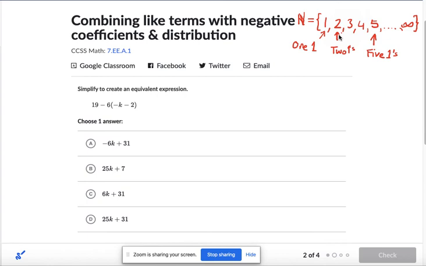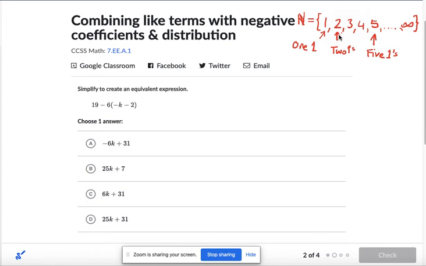So the second part of this is that in pre-algebra and algebra, we have another type of number that we call a variable. The reason we call it a variable is because it varies, based on what the value of the letter might be.